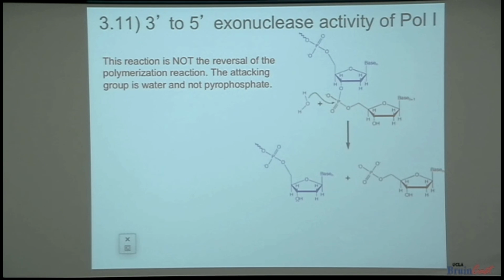But when we attack this phosphate group with water, we only produce a nucleoside monophosphate. If this were truly the reversal, we would have to attack this phosphodiester linkage with pyrophosphate to produce a nucleoside triphosphate. We wouldn't call that hydrolysis, we would call it pyrophosphorylysis.